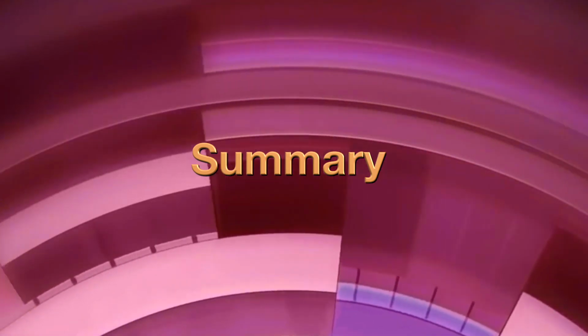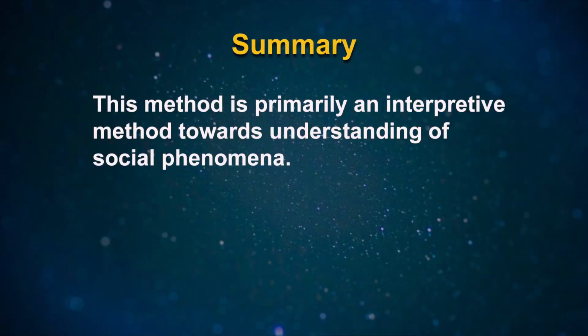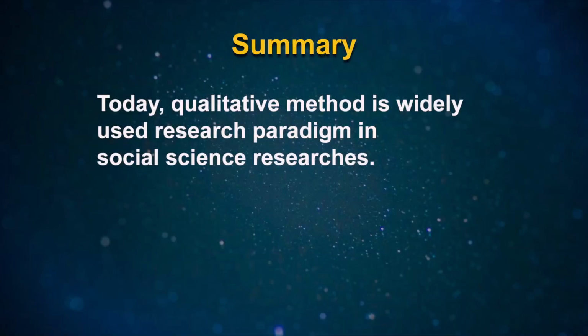Summary. Qualitative research method has developed as an alternative research method in social sciences. Next, this method is primarily an interpretive method towards understanding social phenomena. The scope of qualitative research is expanding and it is becoming more popular, particularly in some disciplines.